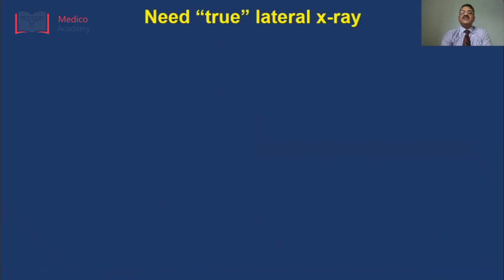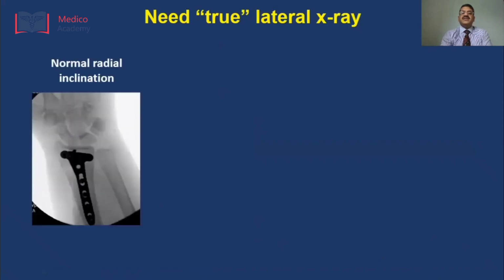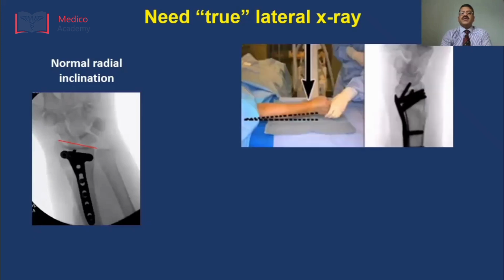There is also the need for a true lateral X-ray. We all know that the normal radial inclination is about 20-22 degrees. And if we take an X-ray post-fixation with the styloid screw in C2, we get an X-ray often like this on the C-arm, and that gives us the erroneous impression that the styloid screw has actually penetrated the joint.